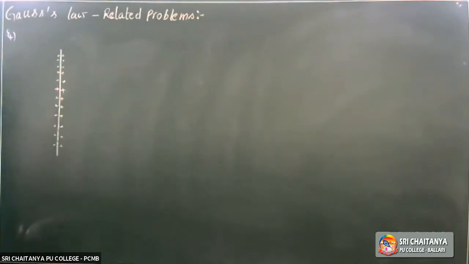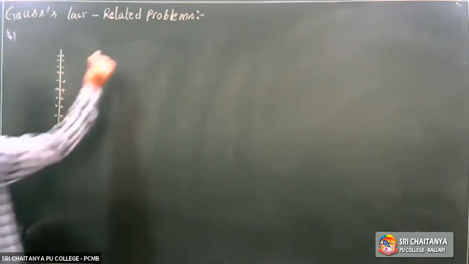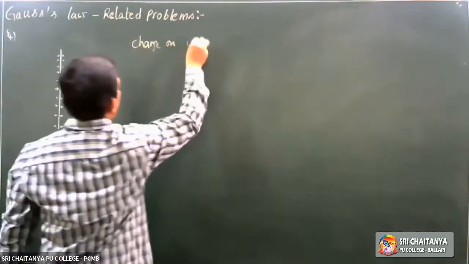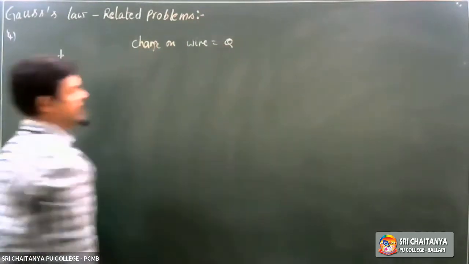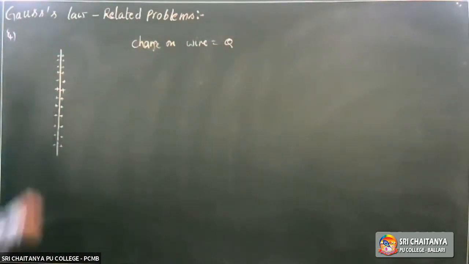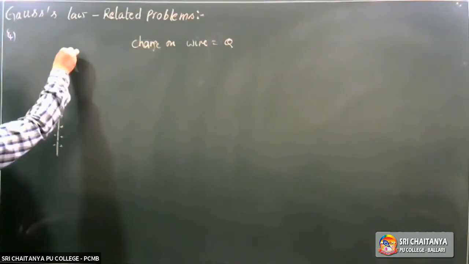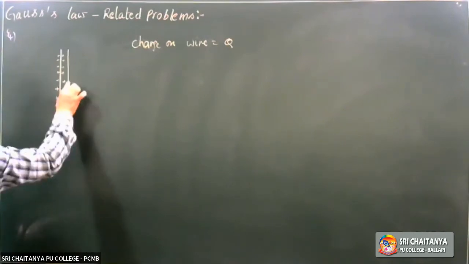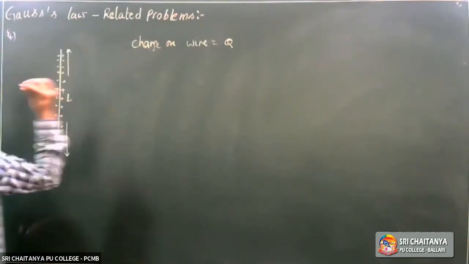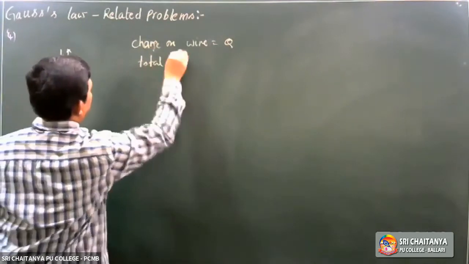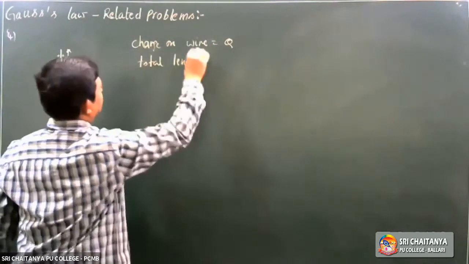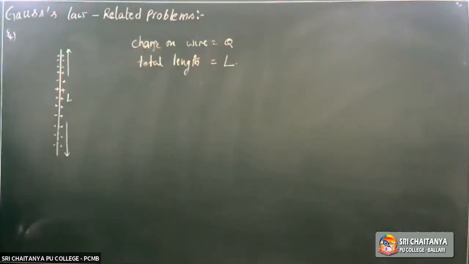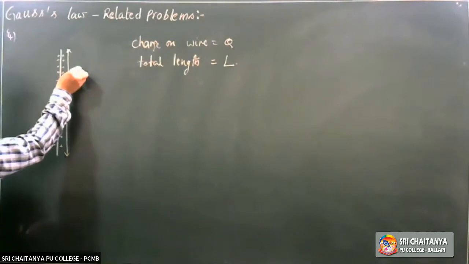The charge on the wire is Q, a straight wire, its total length is L. Total length L. Listen carefully.